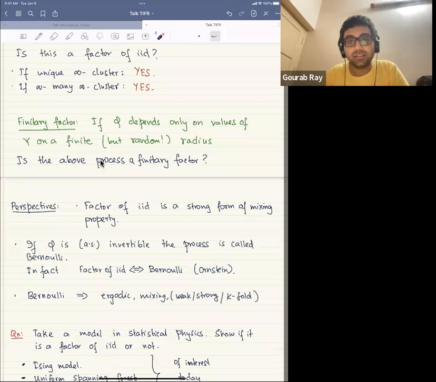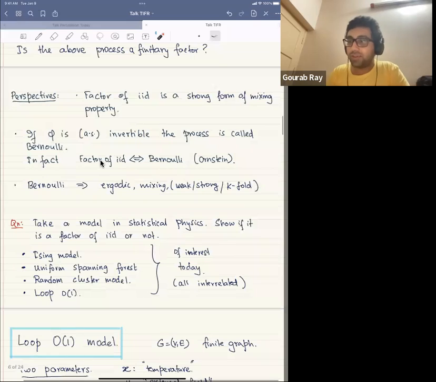In that case, it is actually a finitary factor of IID, even though you have an infinite cluster. So it's not such a naive thing. There's something going on here with the geometry of the graph. Okay, so we'll get to that in a bit.